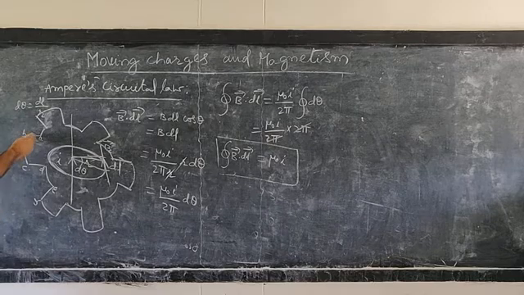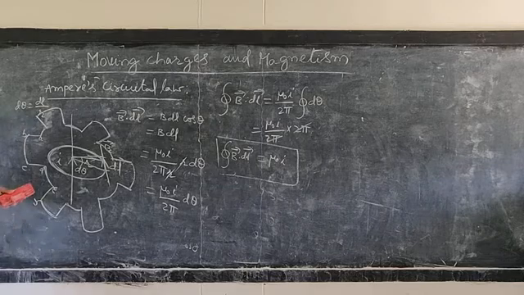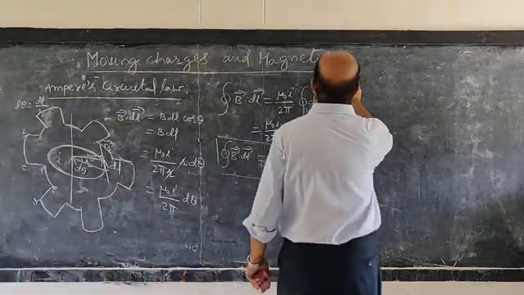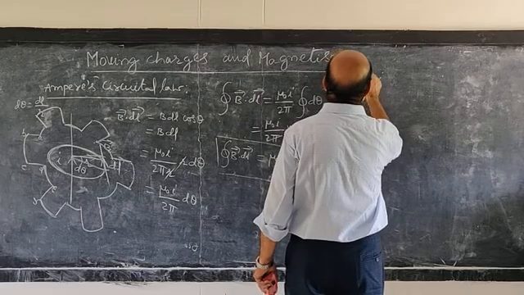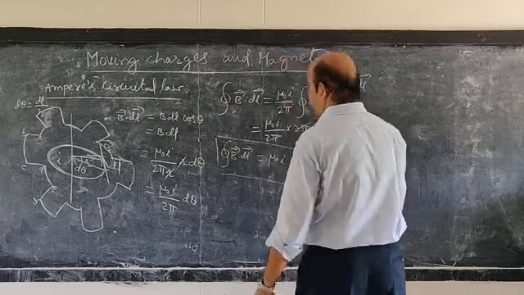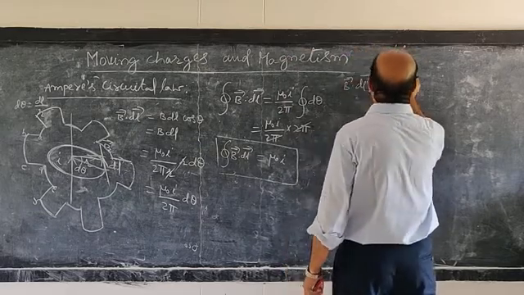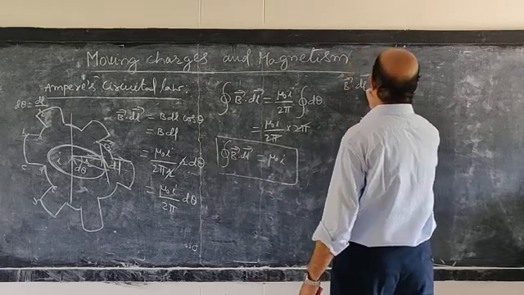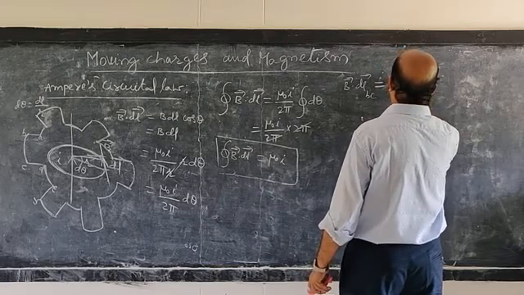So only this arc, this arc, this arc, like that. Only such arcs will be contributing for the dot product. So therefore, B bar dot dl bar is equal to, for a path, say, let me take BC, I can write like this: mu naught I by 2 pi.